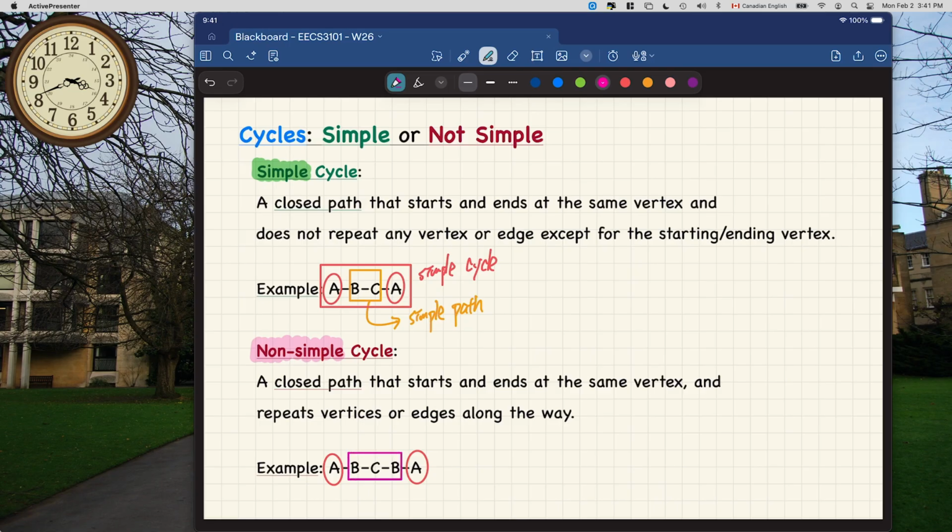Not really, because there's a cycle in the path. You can see the B and B here, so it's not a simple path. That means the whole thing is not a simple cycle. Good? Okay.